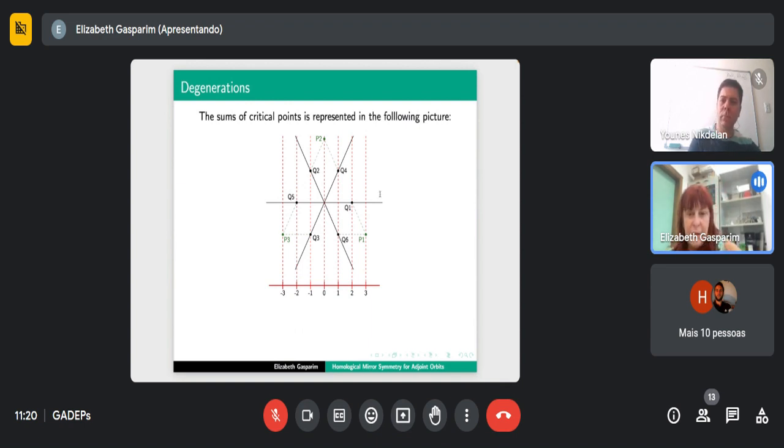Now, SL3 has two very clearly different semisimple orbits. If you take the matrix, say 1, 0, minus 1, a matrix with three different eigenvalues as your starting point for your orbit, then your potential will have six singularities. So it's written here as the black points.